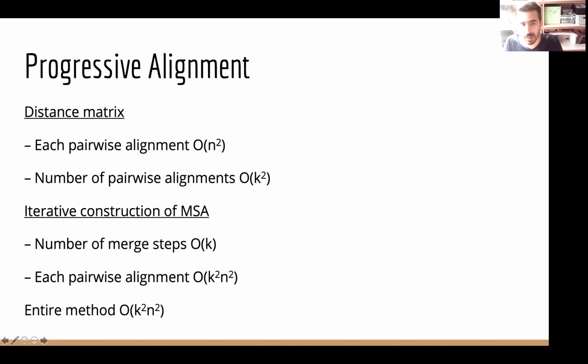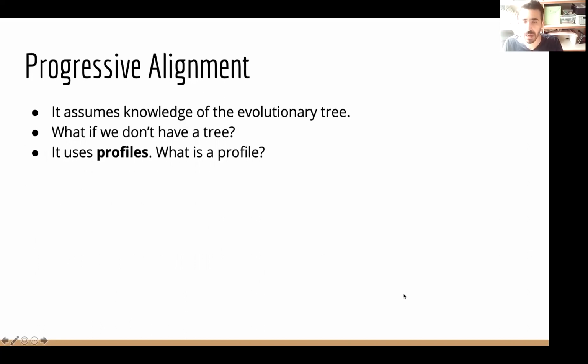However, in progressive alignment, because we are reducing the search space by clustering the sequences, the complexity is reduced to k squared times n squared. So your search space is now much narrower than the overall dynamic programming approach. But one thing that you have to consider in progressive alignment is the profiles.